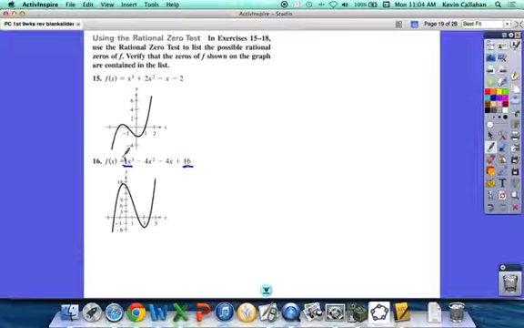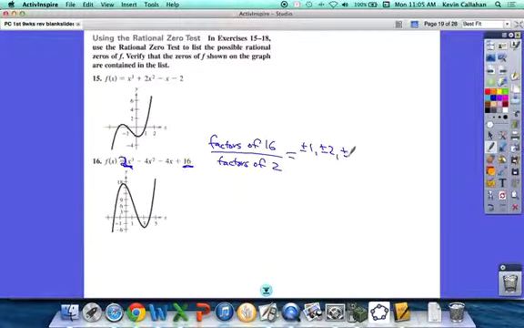What if this leading coefficient here was 2? Then it would have been the factors of 16 over the factors of 2. And what are the factors of 16? 1, 2, 4, 8, 16, and then divide those by the factors of 2, you would have gotten 1 and 2, and then what?